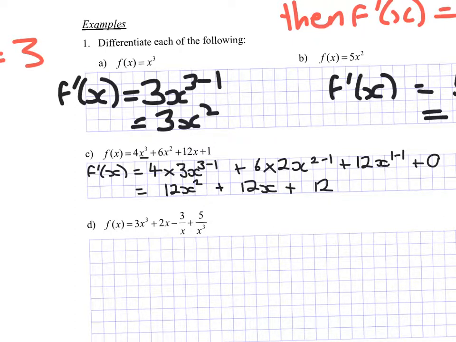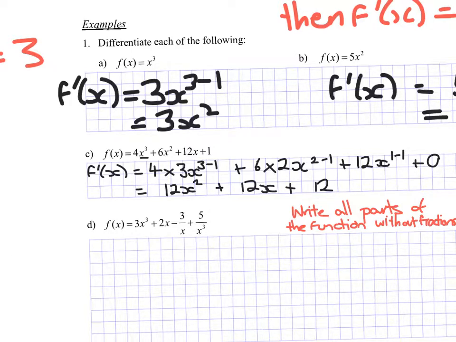Now, this one down here, remember, rule number 1, I'm going to write here: write all parts of the function without fractions. That's going to really help in this situation if you get rid of the fractions first.